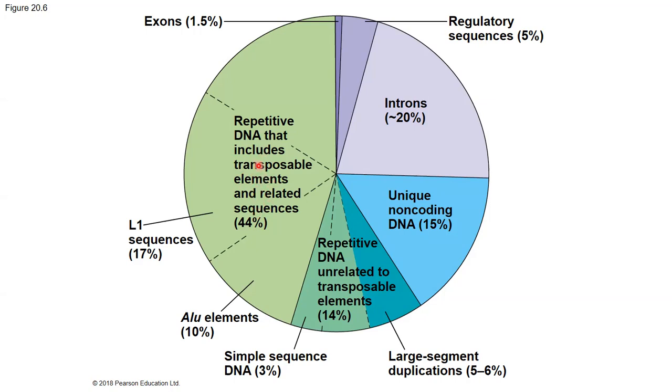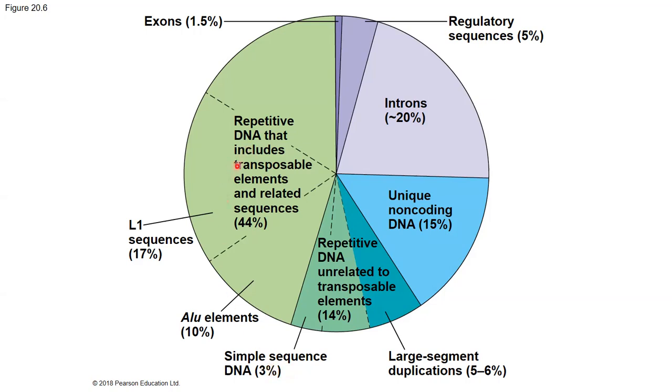And we will talk about these transposons, inshallah, this chapter, maybe next week. And then we have DNA repetitive sequences that are not related to transposable elements or transposons. We have certain large duplications, which represent 5 to 6%. We have simple repetitive sequences, 3%.